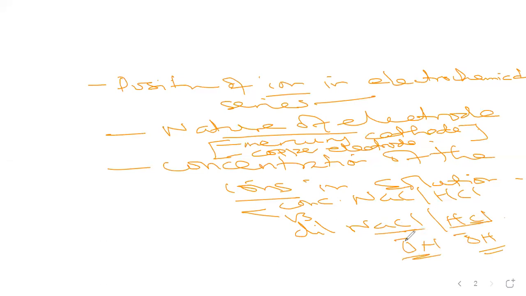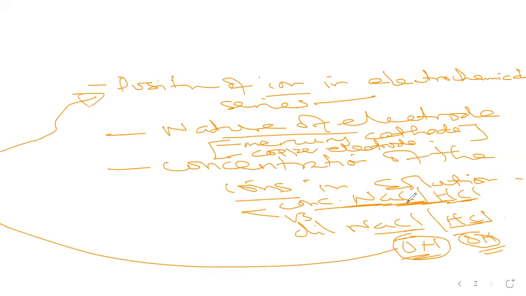Although the solutions have water, chloride ions are discharged in preference to hydroxide ions due to the high concentration of the chloride ions in concentrated sodium chloride. I hope you do remember that. We said although the hydroxide ion is lower than the chloride ion in the electrochemical series, it won't be discharged in preference to the chloride ion.